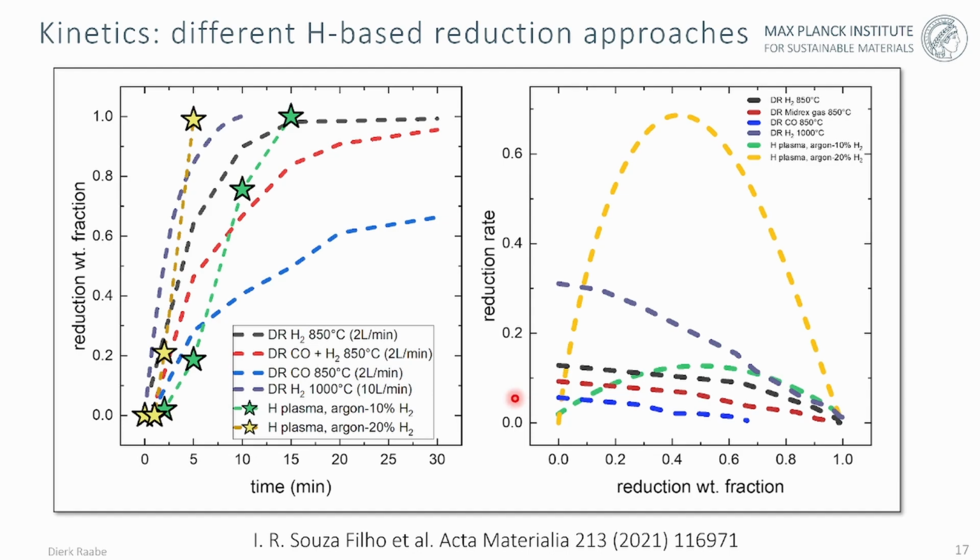Here are a couple of process variants shown where we compare the plasma reduction, which is shown here in terms of these stars for different partial pressure, 20% for the yellow ones, again, very, very fast reduction. The green ones with 10% hydrogen with a more moderate but still very fast reduction after 15 minutes compared to direct reduction.